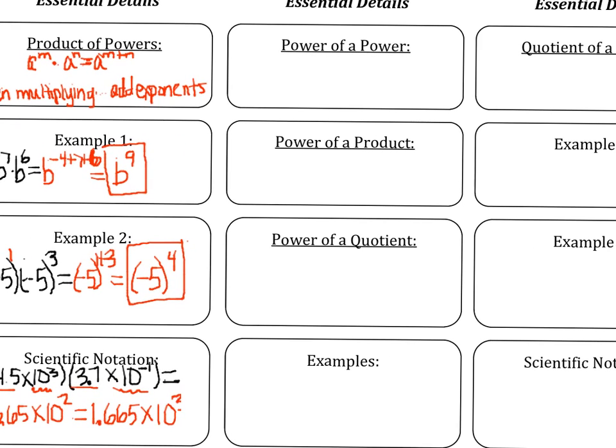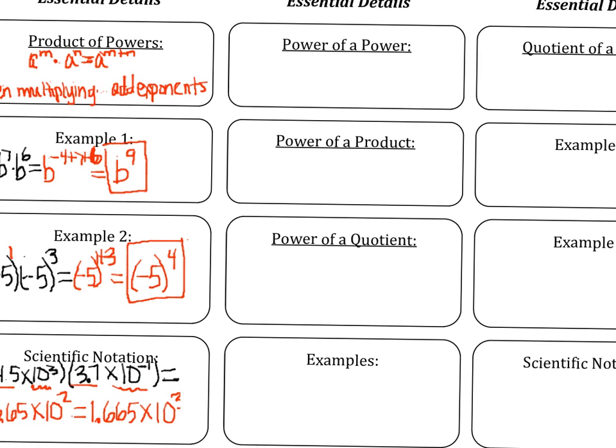Our first one, our power of a power property, tells us that the quantity a to the m, and you need to be writing this, raised to the n power, equals a to the m times n. So when you have a power raised to a power, you multiply the two exponents. So let's write that out.